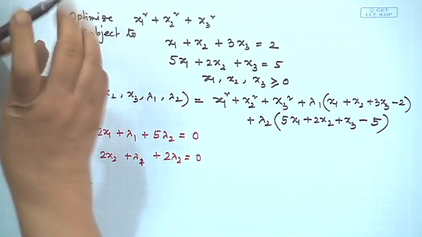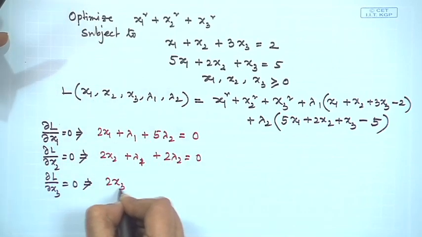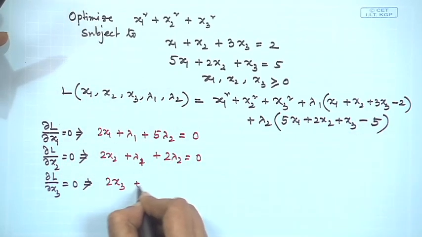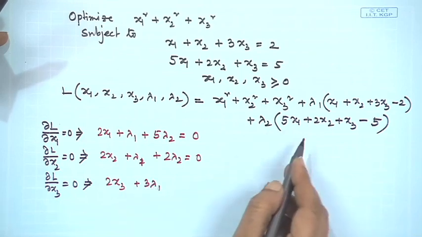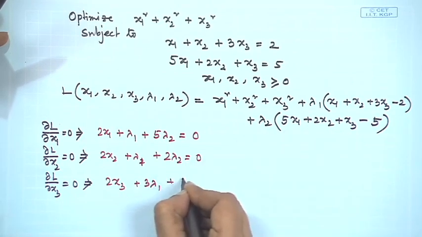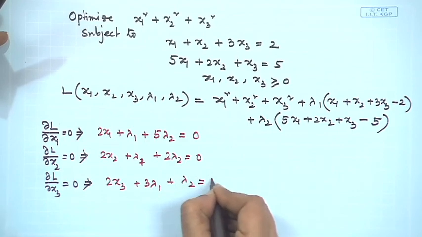and the third one, del L by del x3 equal to 0, gives us 2x3 plus 3 lambda 1 plus lambda 2 equal to 0.